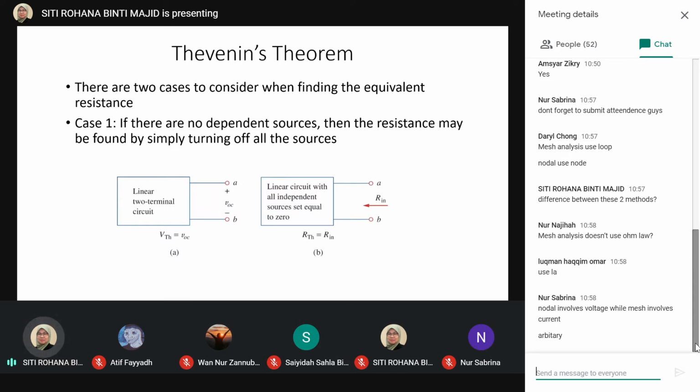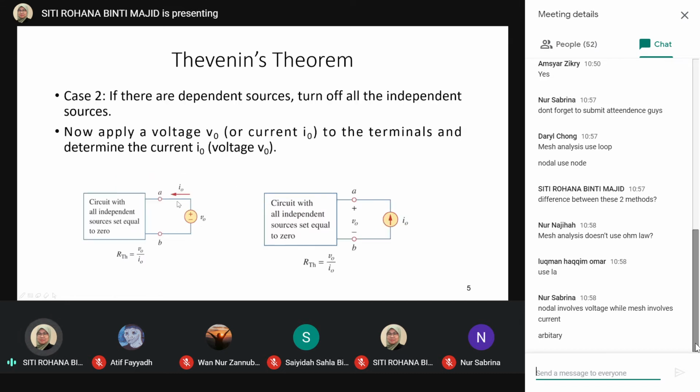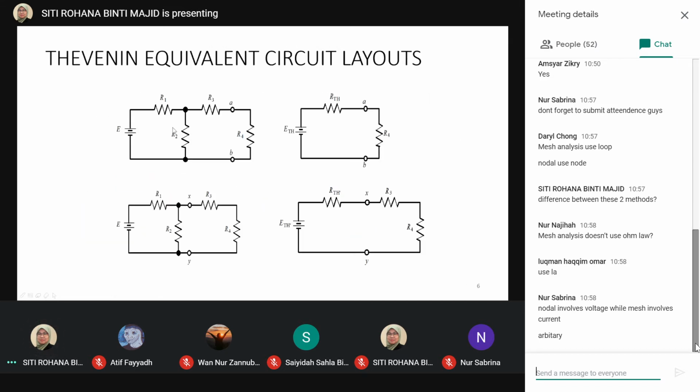Okay, so now I will introduce you to Thevenin's theorem. Actually, when we have a long network of circuit, we can compress it until we get only one voltage source and one resistance with the terminals A and B. So let's say we have a network, say five loops here.